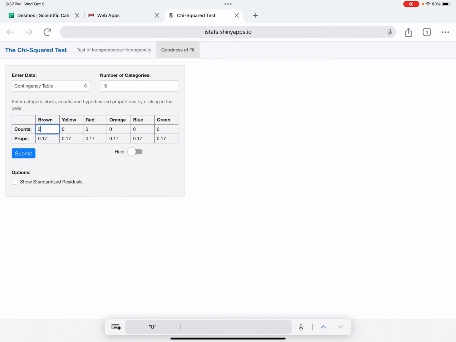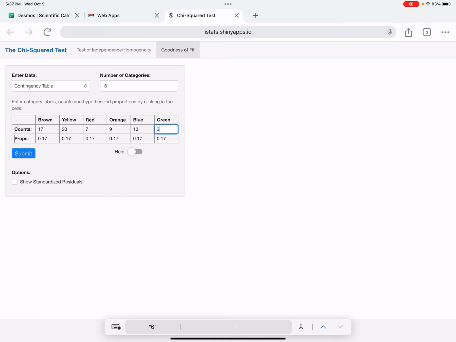For brown candies, there were 17. For yellow candies, there were 20. For red candies, there were 7. Orange, there were 9. Blue, there were 13. And green, there were 6.